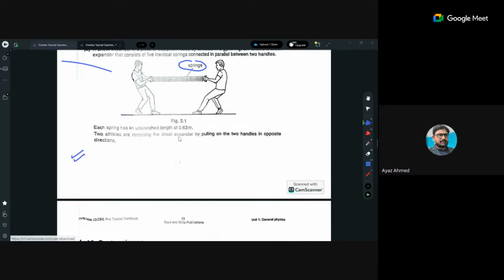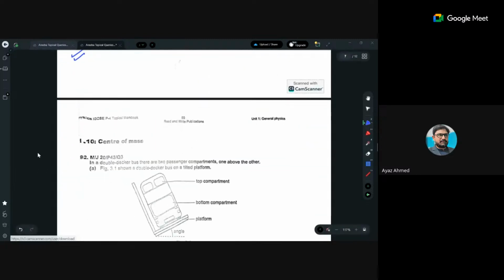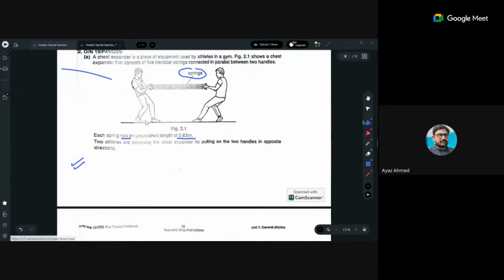So this question, I have solved it. It's a simple formula: this is the unstretched length of each spring, right? And they are pulling the two handles in opposite directions. Maybe the question is not complete, but they are applying some force in these directions. So when you find the extension, extension equals force divided by, sorry, I think we had to find K, so K equals force divided by the extension of a single spring.